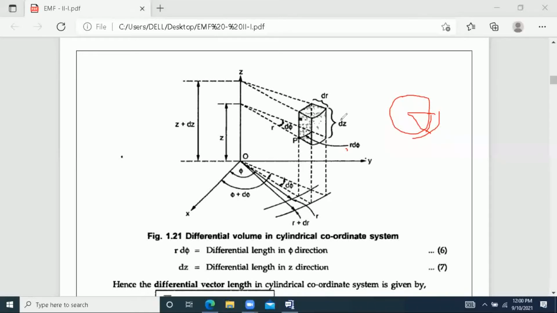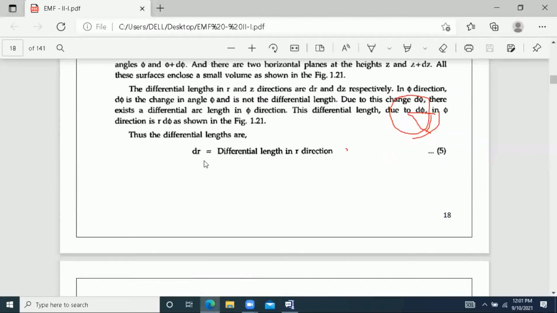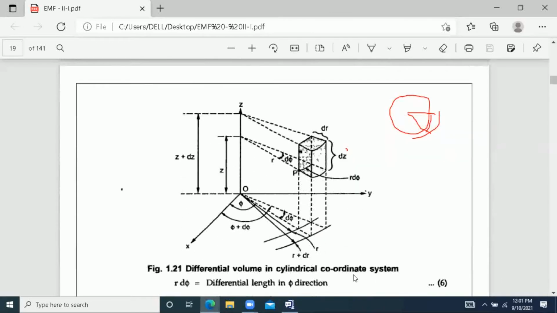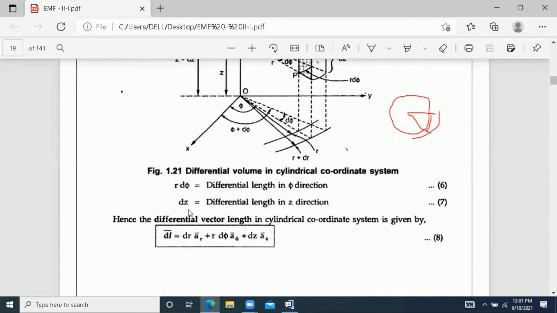So you have 2 sides now. You only need to find this other side, which is dz. So you have dr, r d phi, dz.